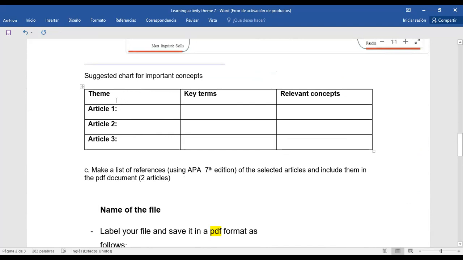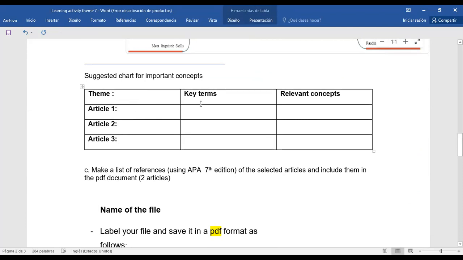Here you write the theme, okay? You write what is the theme of the research, of the issue you want to focus on. And then you copy the theme of Article 1, the theme of Article 2 and 3.